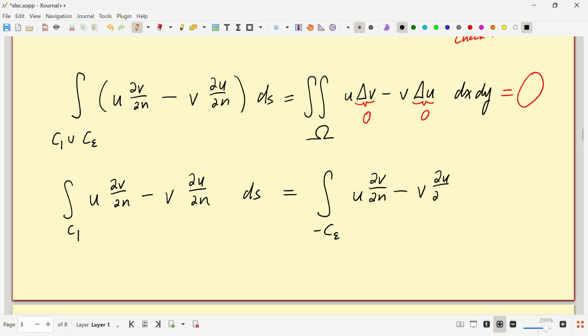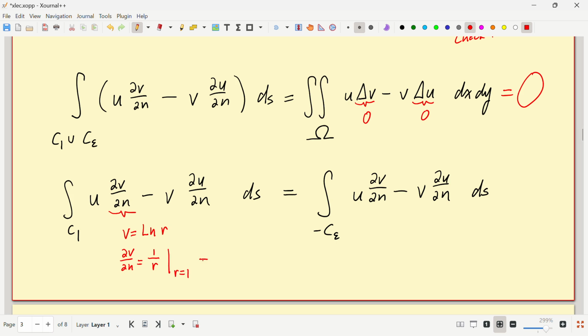Let's think about it. Remember v is equal to log of r. And so if I differentiate with respect to the normal direction, that's the r direction, dv/dn is equal to 1 over r, with r equal to 1.